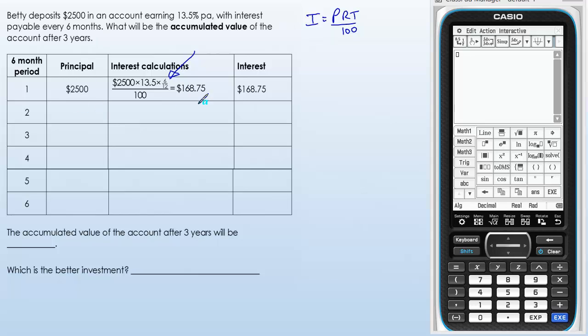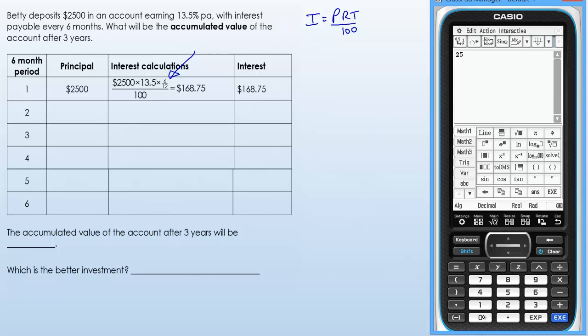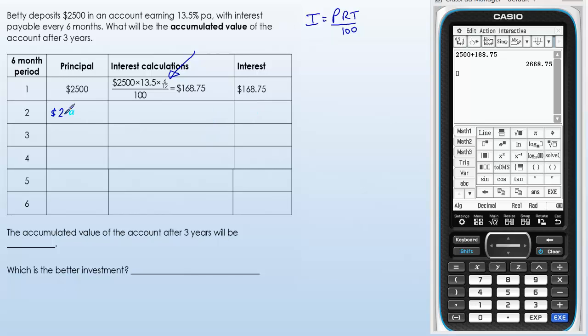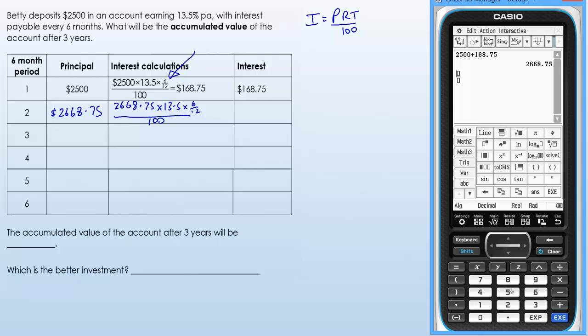So the principal for this second period is going to be the 2,500 added to the interest that we just received, 168.75, and that gives us 2,668.75. So here we're going to have 2,668.75 multiplied by 13.5 multiplied by 6/12 all over 100.